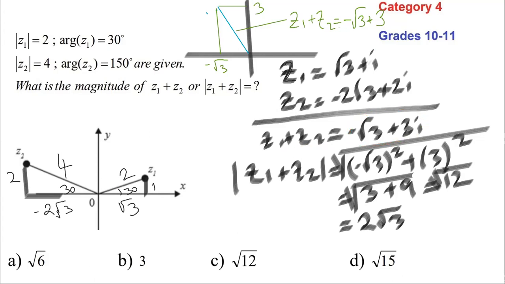To find their magnitude, we take the square of this plus the square of this, then the square root. This is how we calculate the magnitude of a complex number. The square of this is just 3, and the square of this is just 9. When we add them, it is the square root of 12.